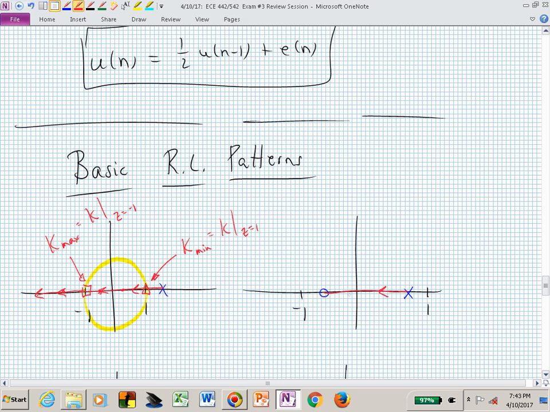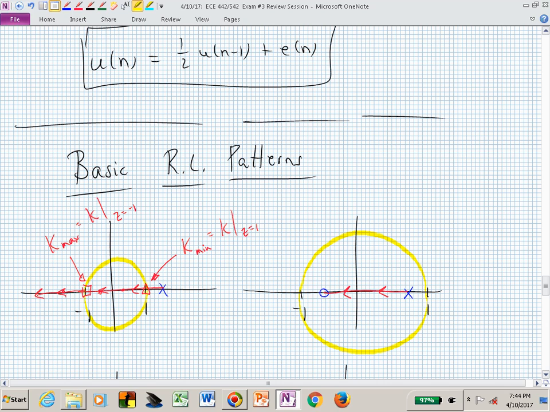Now as I increase K from 0 to infinity, do I have any hope of stabilizing that system? All hope. Any non-negative value of K will stabilize this system. Every possible choice of K between 0 and infinity will keep the closed loop pole stable.